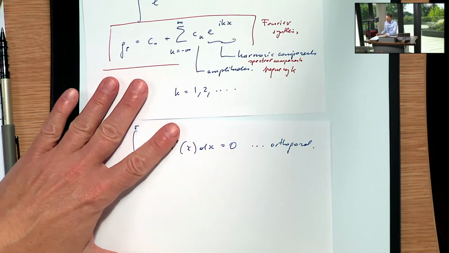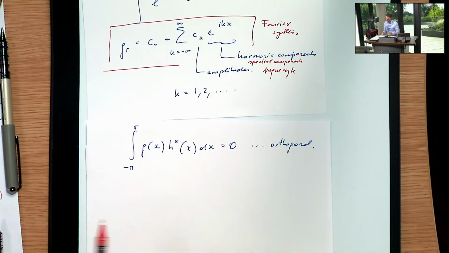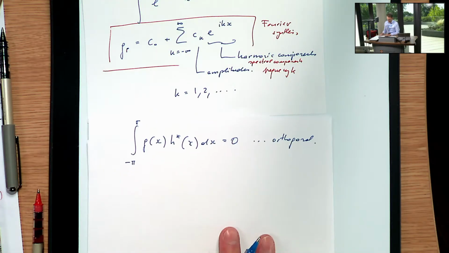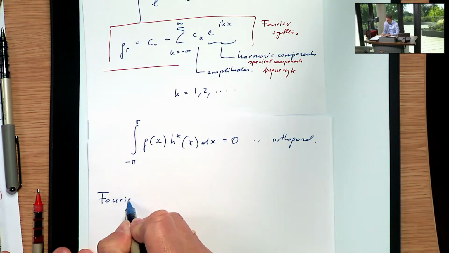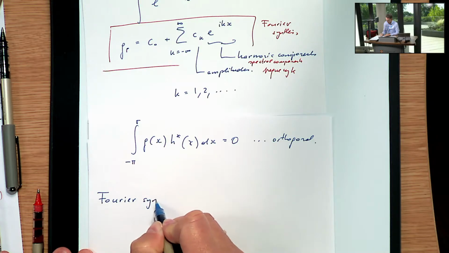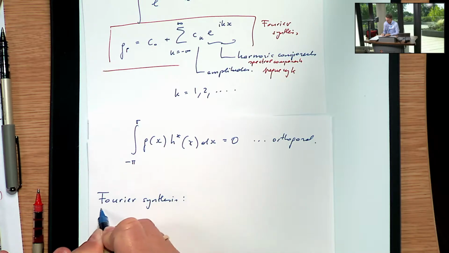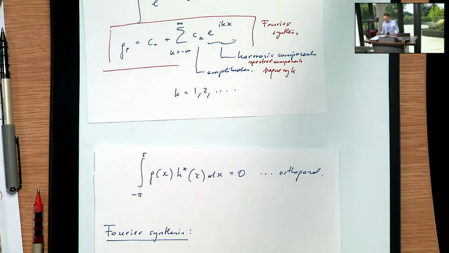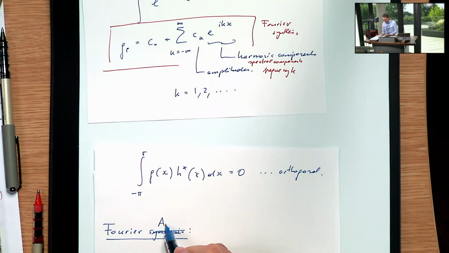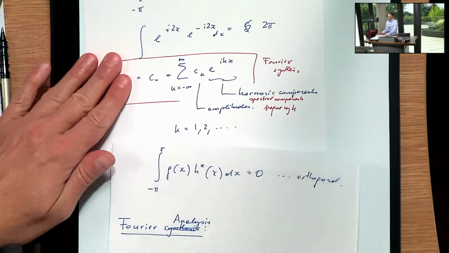The opposite operation is called Fourier analysis. We've had Fourier synthesis already, but Fourier analysis is the other operation.